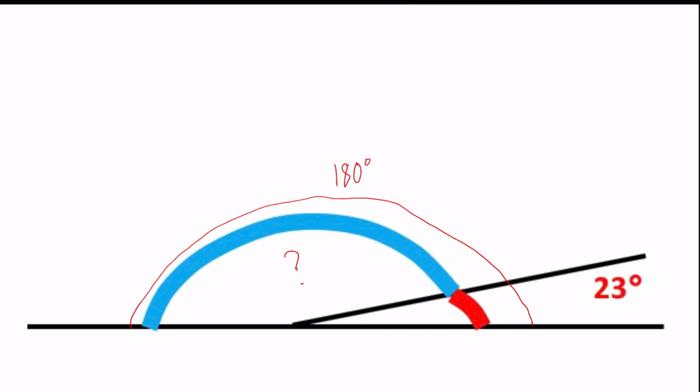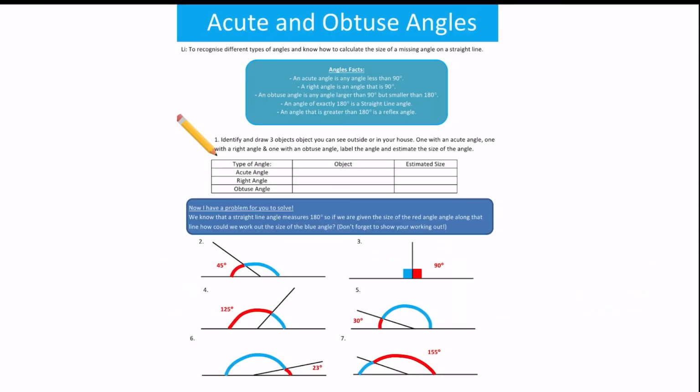So to work out the blue angle, we simply take 180 degrees and take away the red angle, and that will leave us with the size of the blue angle. So who can tell me what the blue angle is going to equal? The blue angle is going to equal 157 degrees. Well done.